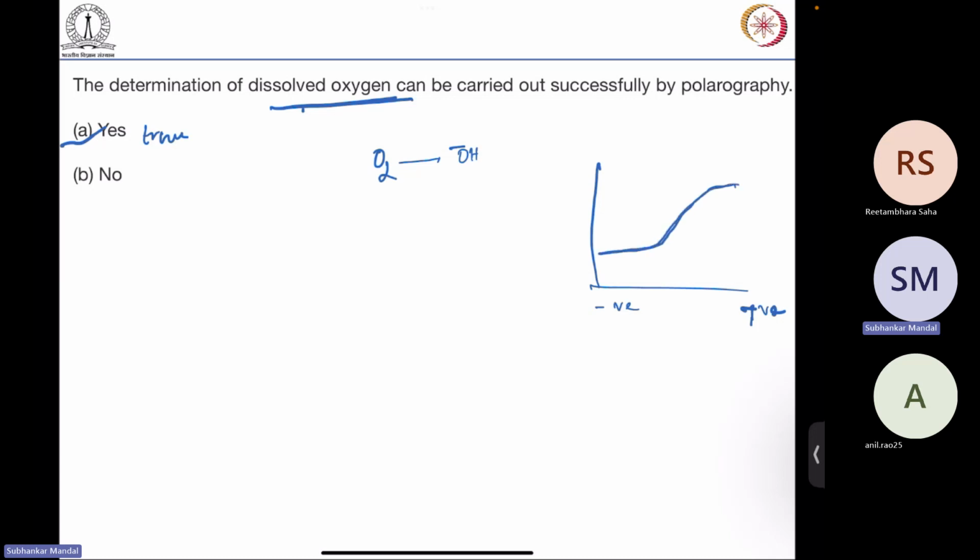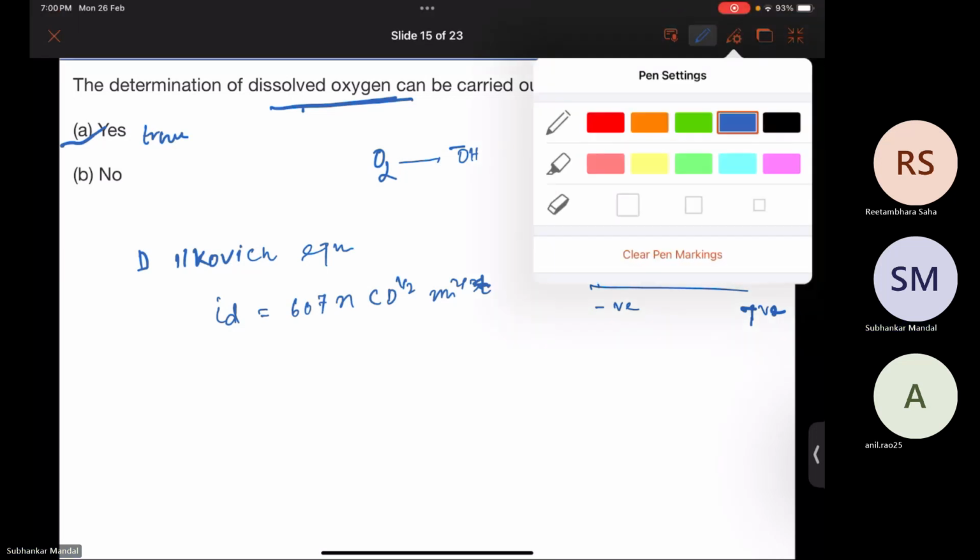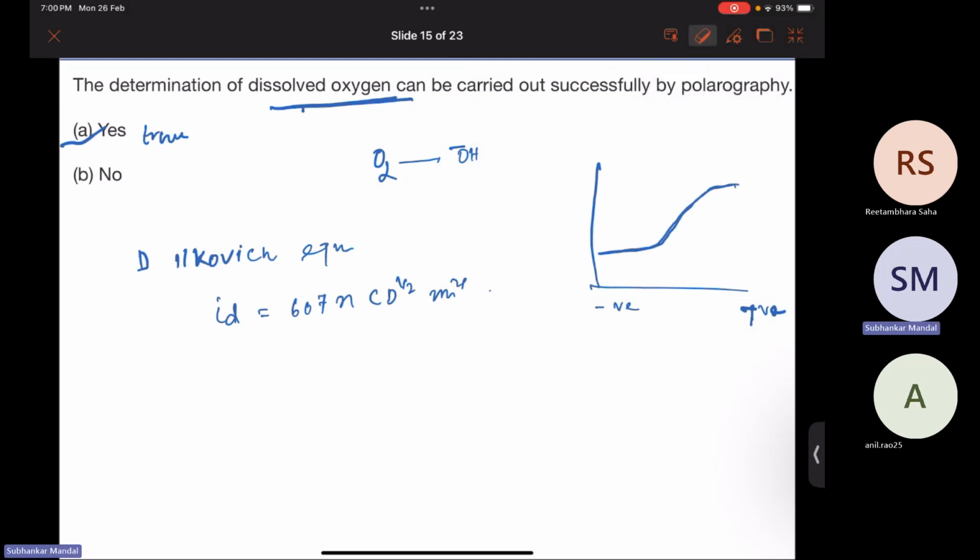If you do this, you will get it, and we know the Ilkovic equation. What is the Ilkovic equation? ID, the diffusion current, is equal to 607 n C D to the power half m to the power 2 by 3 t to the power 1 by 6.